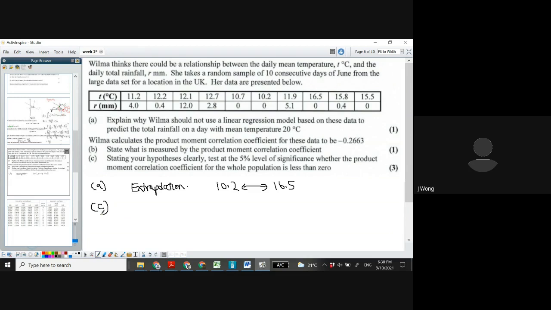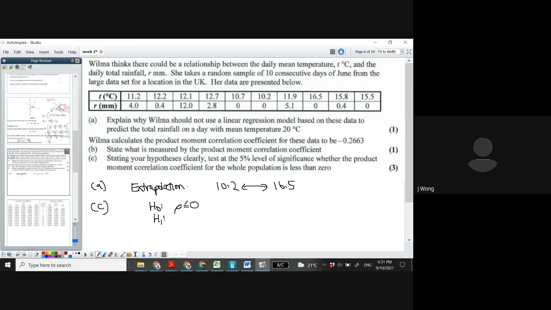So C, now stating your hypotheses clearly, test at a 5% level of significance whether or not the PMCC should be less than 0. In any sort of hypothesis test that we have learned, we know that we need to establish the null and the alternative hypotheses first. We always assume that H naught in this case is going to be no correlation.